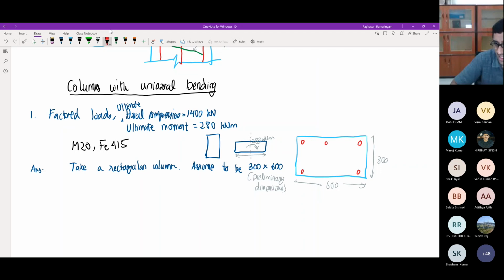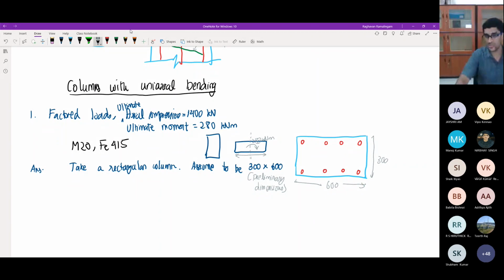This is the choice that I'm making; you're allowed to restrict yourself to just one bar in the middle also. But as per my choice, I'm giving 4 on top and 4 on bottom. The logic is, this side is 300 and I use 2 bars, so this side being 600, I am using 4 bars.